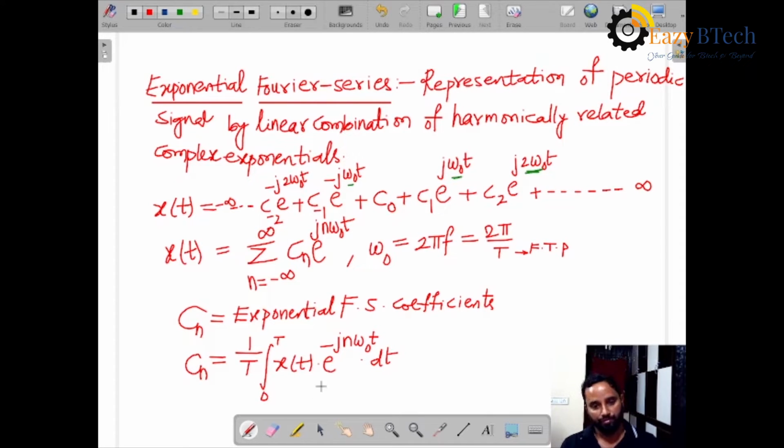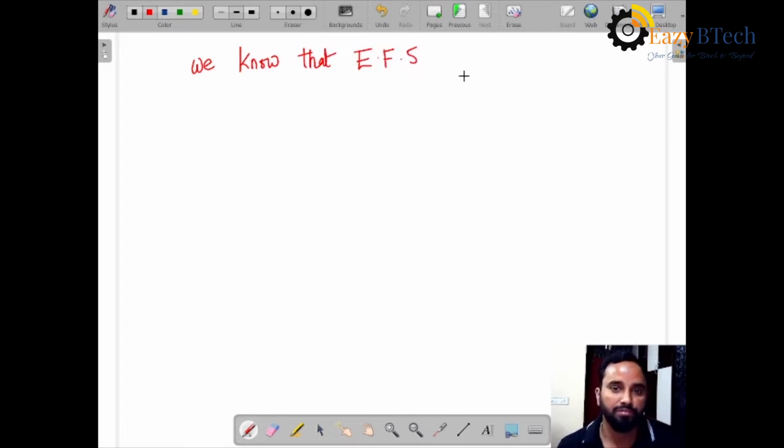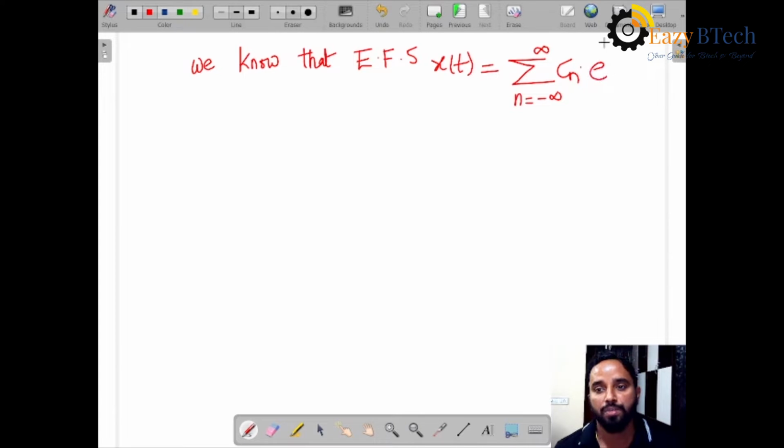Let's have the proof for this Cn. How to prove Cn? We know the exponential Fourier series: x of t is equal to the summation from n equals minus infinity to plus infinity of Cn e to the power j n omega naught t.